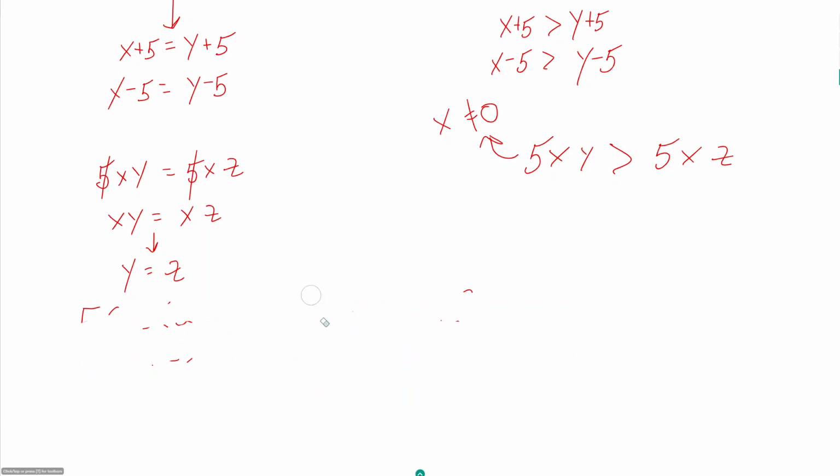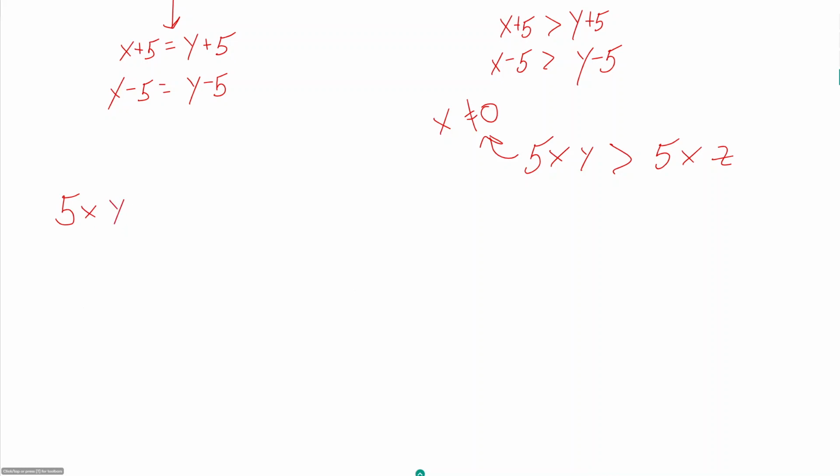So now let's say, to use the same example from before, 5xy is equal to 5xz. But now they also tell us that x is not equal to 0.